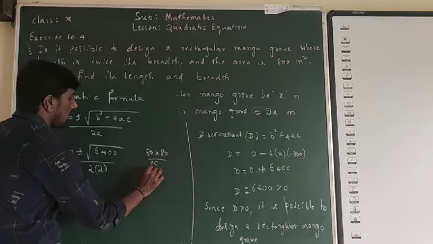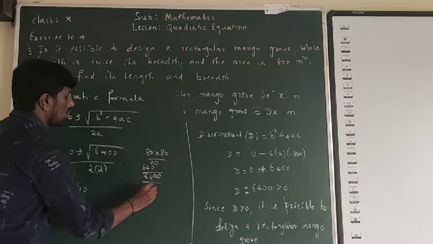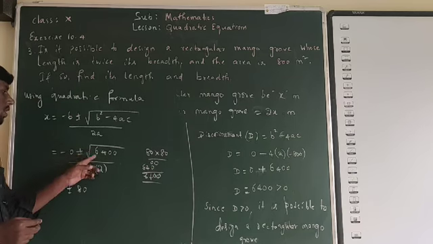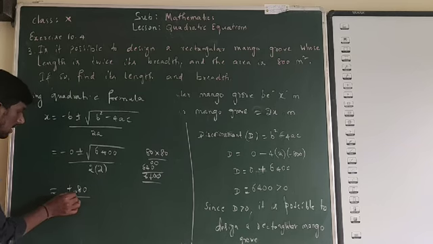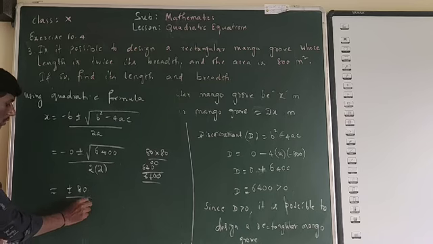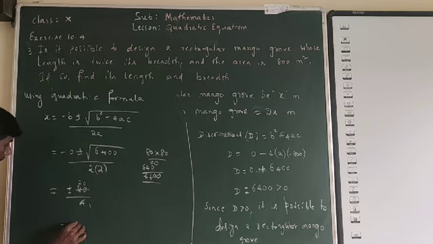In the denominator we are having 2 2s are 4. So 80 divided by 4 is 20. So it is plus or minus 20.